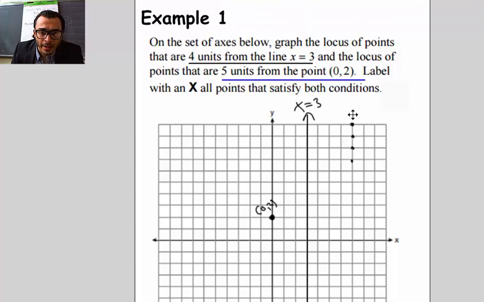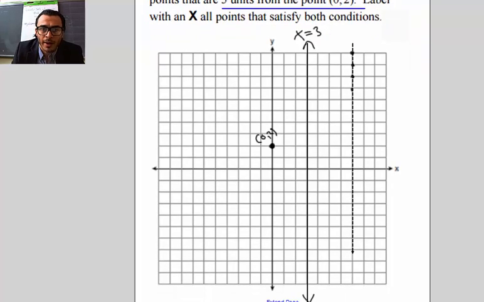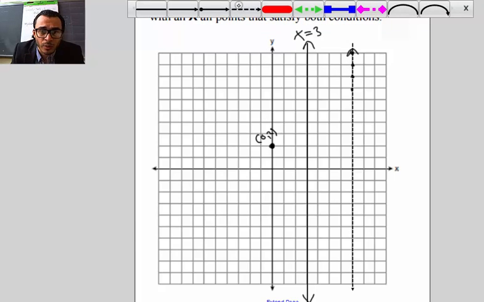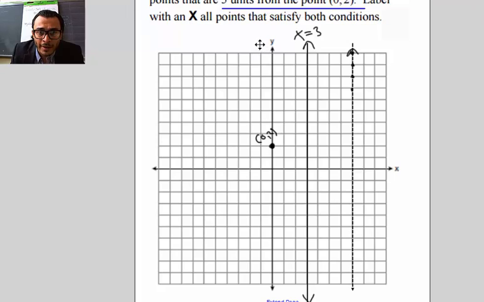So I could have just sketched a line just like that, 4 units away from x equals 3. Now, understand this also, right? I can also go on the other side of x equals 3, put a line there as well, and every point on that line will also be 4 units away from the line x equals 3.